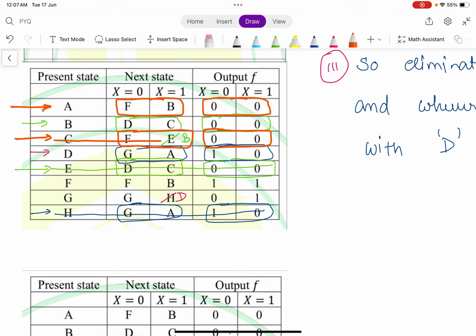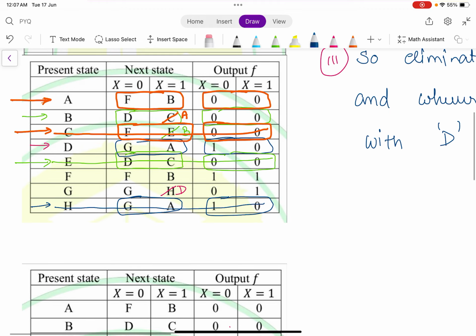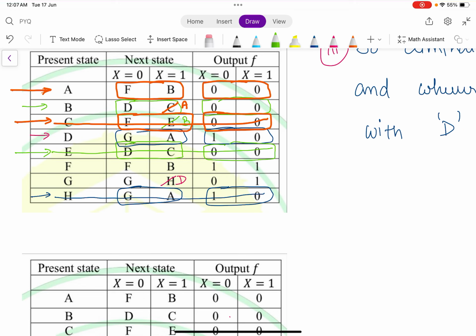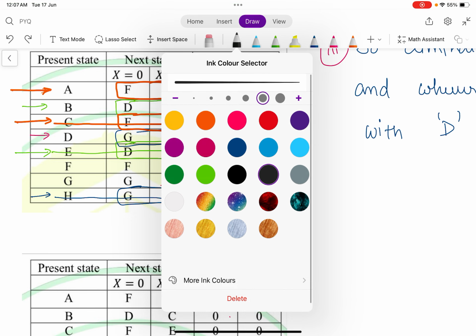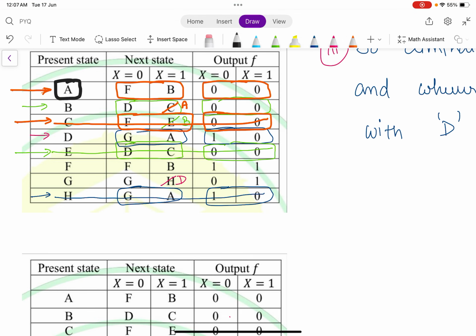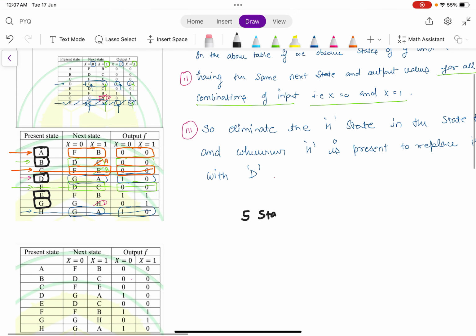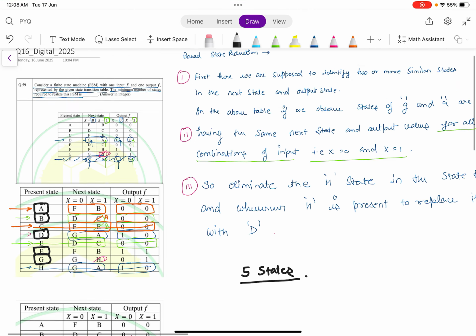So you will replace this state and write A wherever C is present. Now there is no further state which is similar. So the total number of states which are present is A, B, D, F and G. Total there are 5 states. So the answer to this question is 5.